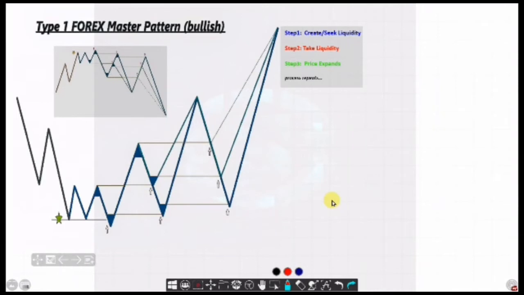So for the big traders, for instance, if they want to buy, because they trade in large volume, they look for liquidity to enable them buy. So they need to look for sell side liquidity to enable them buy, and if they want to sell, they will need buy side liquidity to enable them to sell.